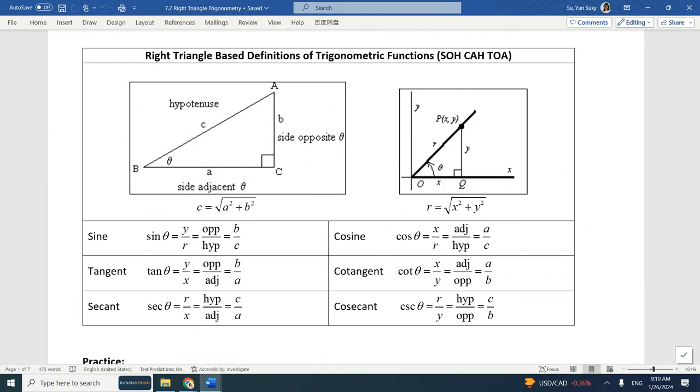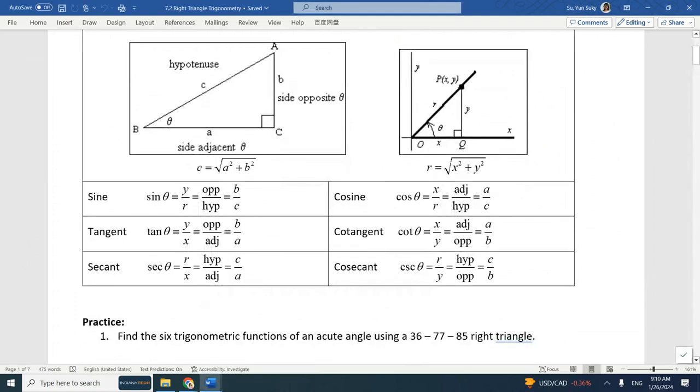Okay, thank you. So the trig function is a machine, right? You have the input. The input is an angle, so make sure you have the angle theta. And then you have your output.